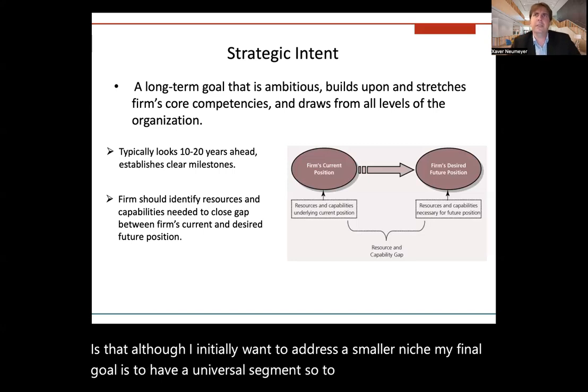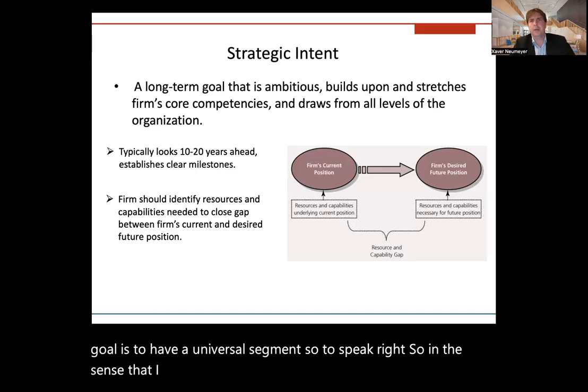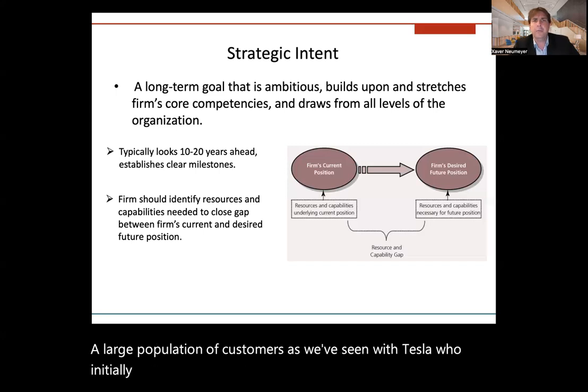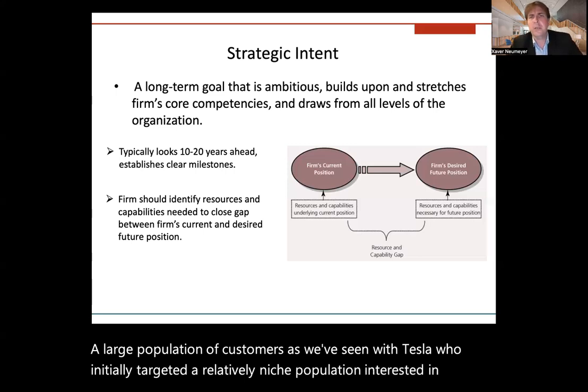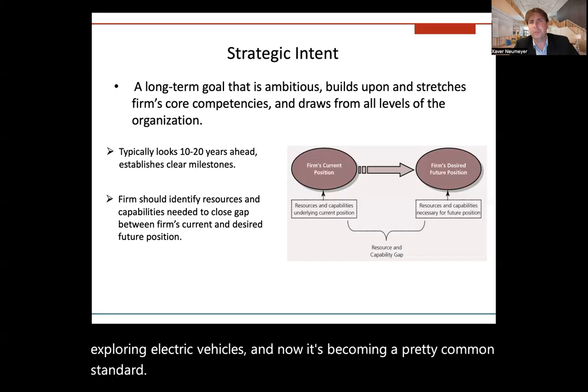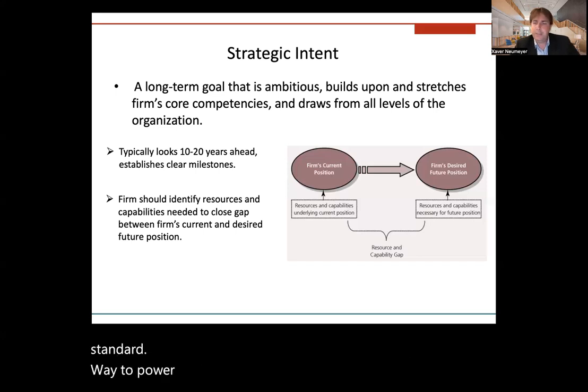So in the sense that I want to address a large population of customers, as we've seen with Tesla, who initially targeted a relatively niche population interested in exploring electric vehicles. And now it's becoming a pretty common standard way to power cars.